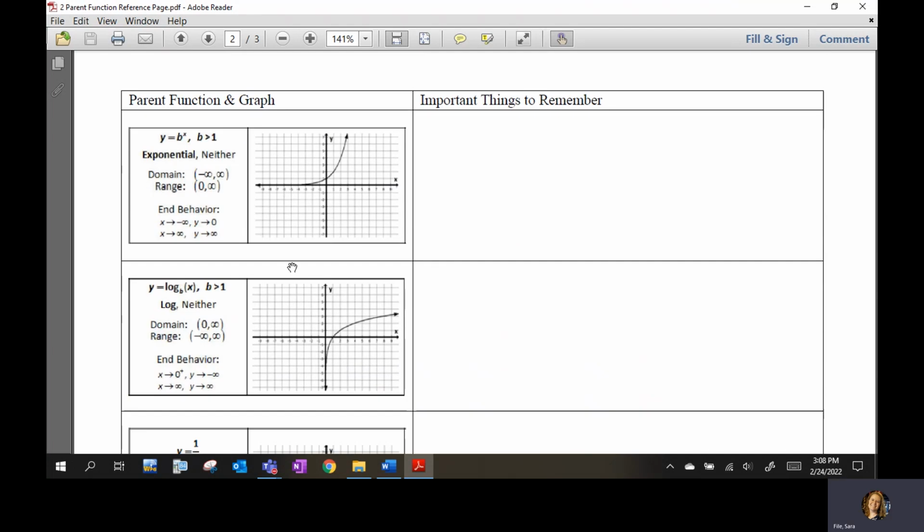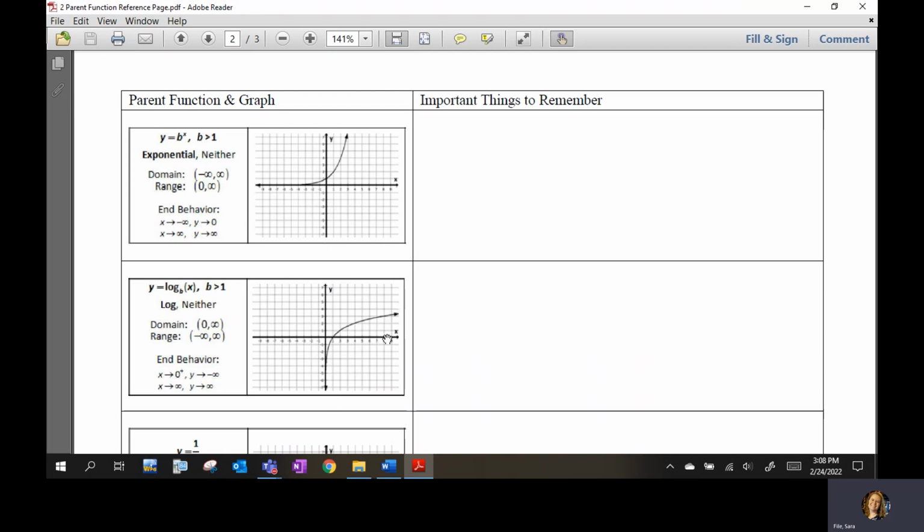Now, exponential and log both have asymptotes. Remember, the exponential has a horizontal asymptote here. The graph is coming here and then exponentially increases that way. Log is the inverse of that. It has a vertical asymptote here. So this is coming up along that asymptote and shooting out to the right there.